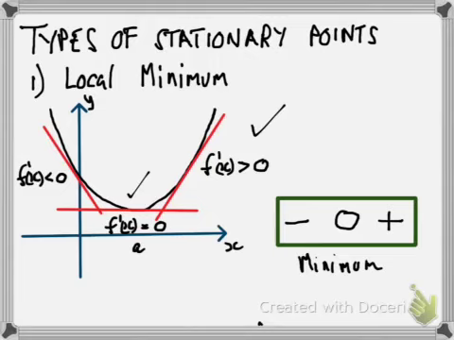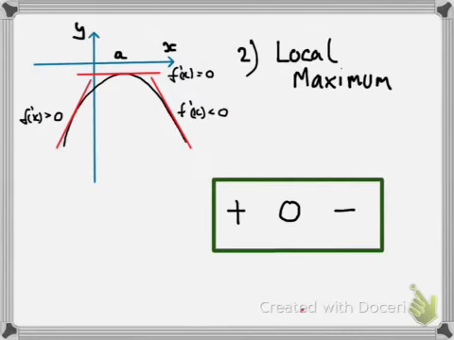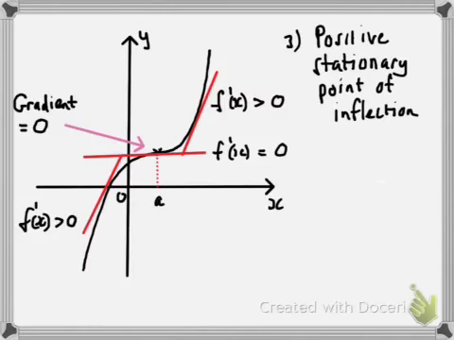So gradients go from negative to zero to positive. That characterises a minimum. A local maximum is the opposite. Here's our A, it's our x-coordinate that gives us our maximum. To the left of that we've got positive gradients, then we've got zero gradient, and then we've got negative gradient. So that distinctive pattern, positive, zero, negative, characterises a local maximum.